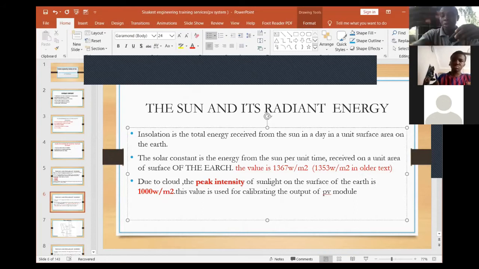With insolation and irradiation, we are now considering geographical variations. The value is around 1367 watts per meter square or 1353 watts per meter square. Due to cloudy days and trees blocking your radiation, scientists decided to make it 1000 watts per meter square as a constant.